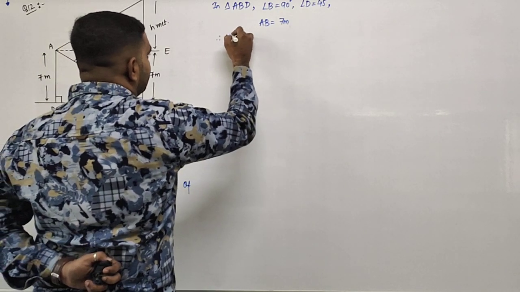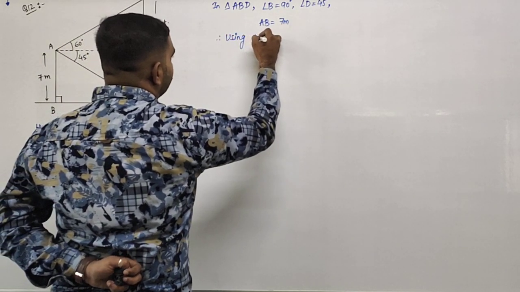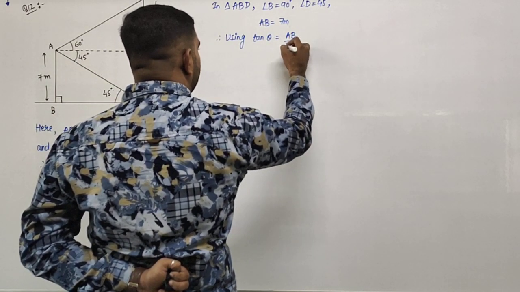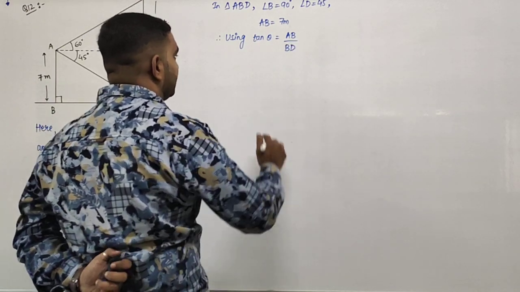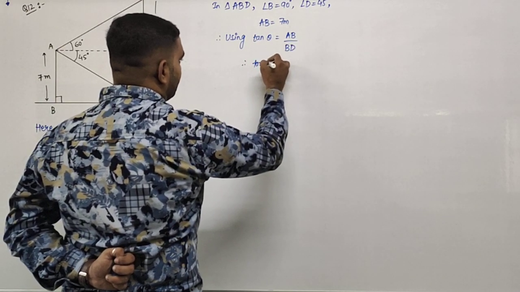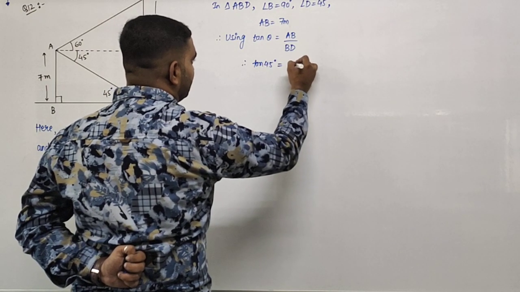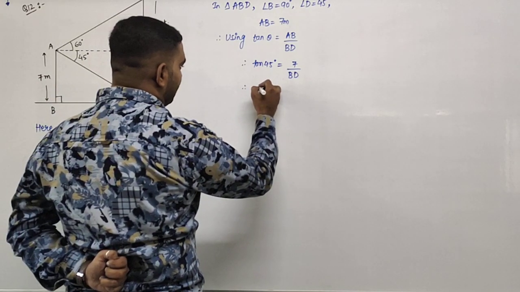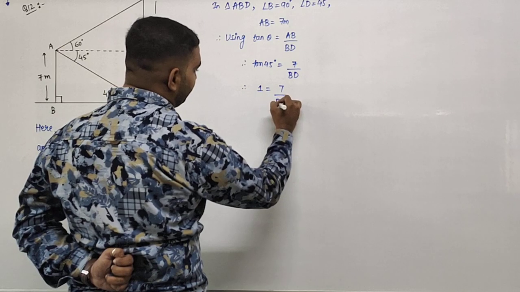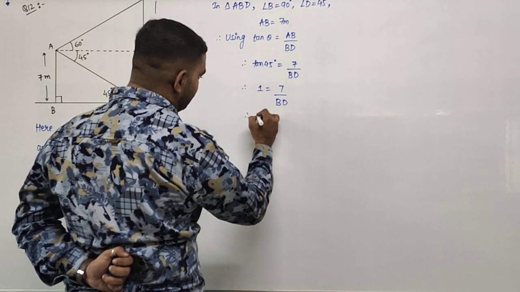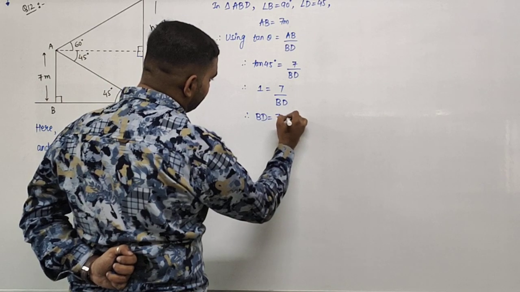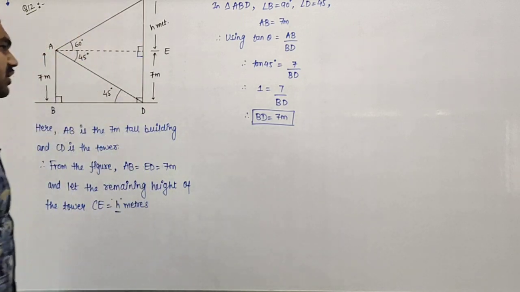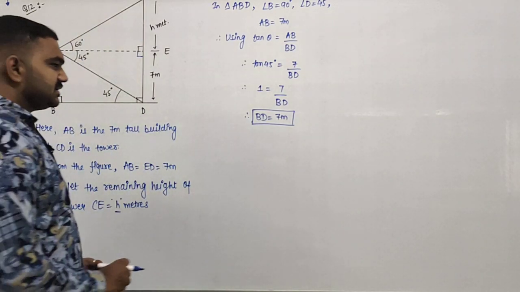Therefore using tan theta is equals to AB upon BD, tan 45 degrees is equals to 7 upon BD. Tan 45 value is 1, so 1 is equals to 7 upon BD, and hence BD is equals to 7 meter. Therefore we got the value of BD, that is 7 meter.